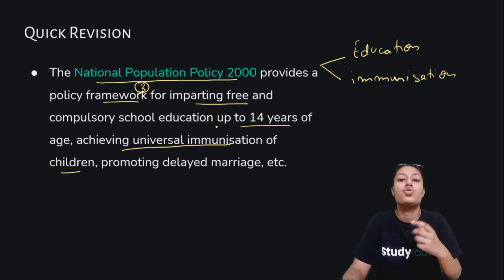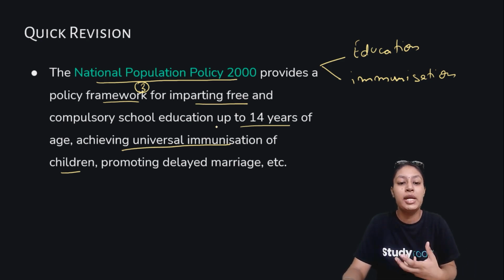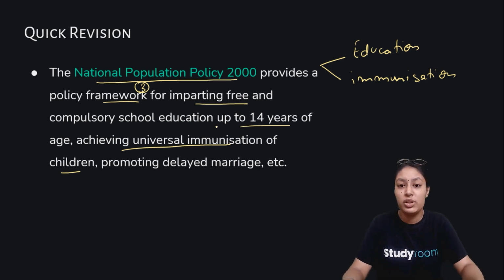To strengthen their immunity, making their body strong enough to fight any kind of disease or illness, the government has initiated this program in which children will be immunized with various vaccines and will be protected.